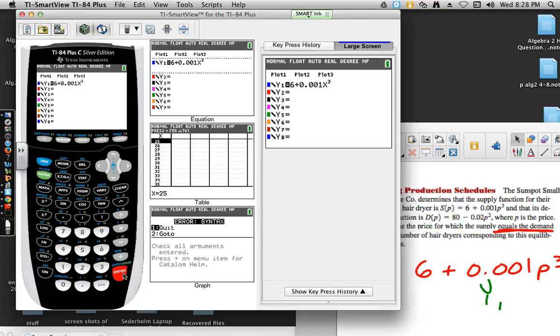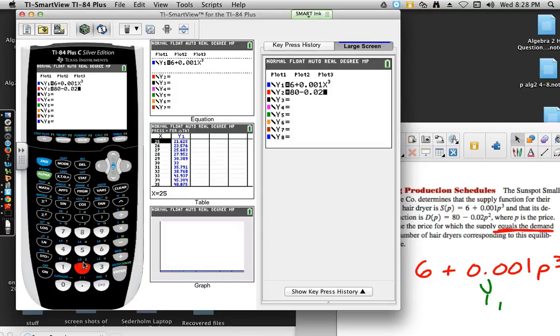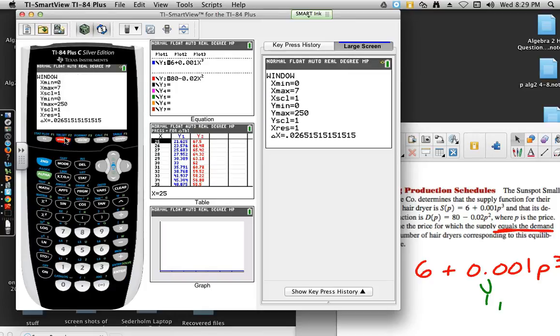All right, now, next one up was 80 minus 0.02, and that was x squared. All right, so we've got the 6 plus 1,000th x to the third, and we have 80 minus 200ths x squared. Next up is window.